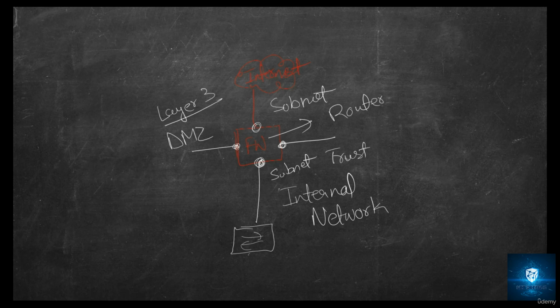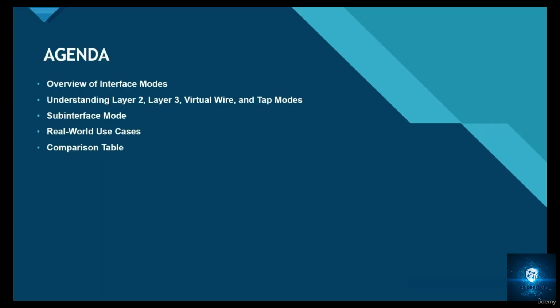It will hold a routing table and will do the routing, as well as support all the dynamic routing protocols, as you have seen. All right, so this is what layer 3 is all about.